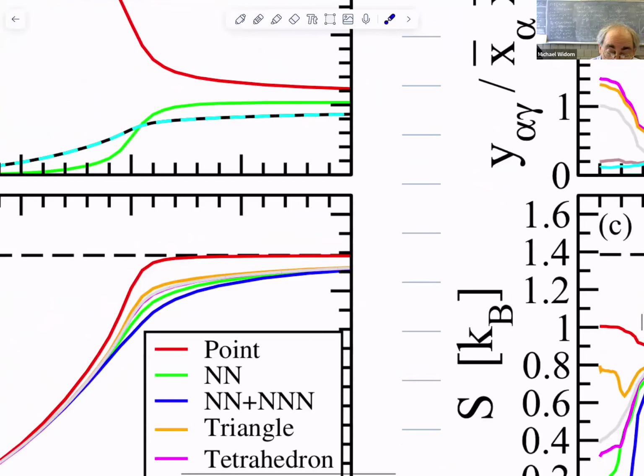The entropy is so low at the pair level because we have these nearest neighbor correlations. And then if we include the next nearest neighbors, it gets even lower. If we include the triangles, it goes up by quite a bit.